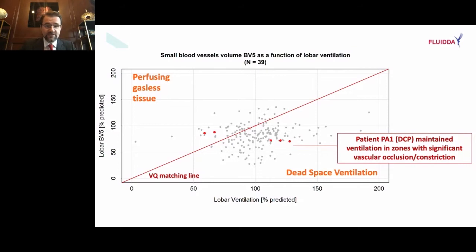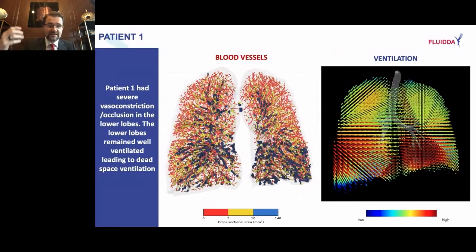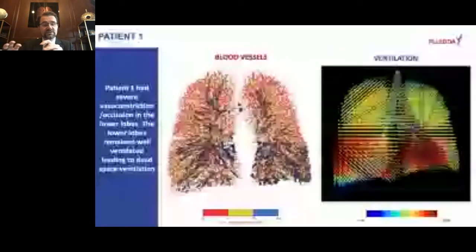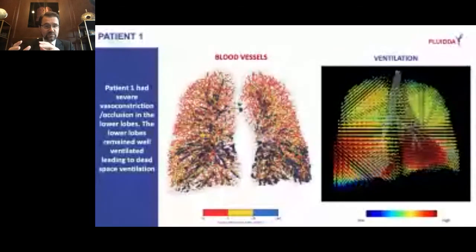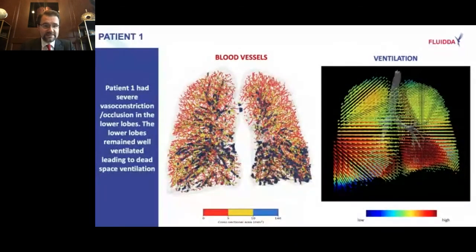So if you look at individual patients, you can see, for instance, in this case, on the right-hand side, the ventilation graph. So red indicates high ventilation. So you see for this particular patient, lobes seem to be well ventilated. But then if you look at the blood vessels, in those lower lobes, we see a lot of blue. So we see a lot of dilation of these larger vessels. We see constriction of these smaller vessels.